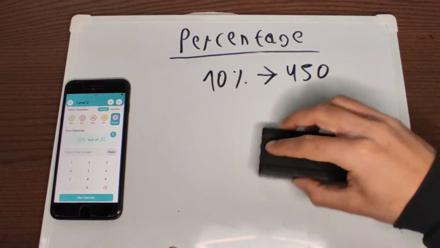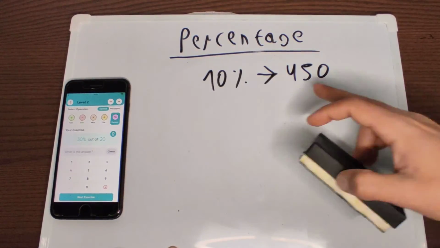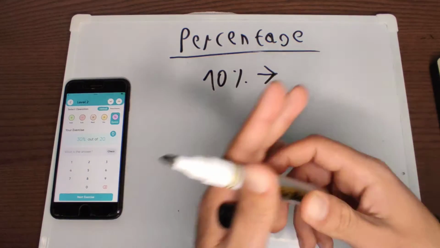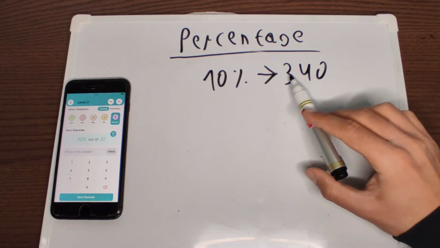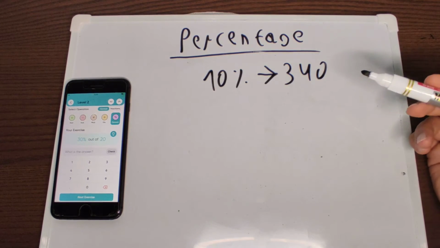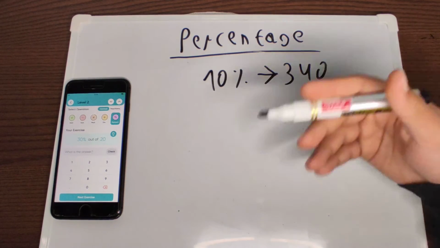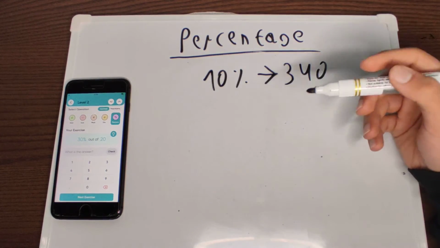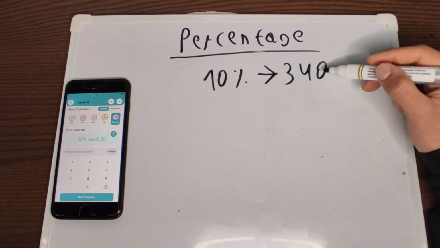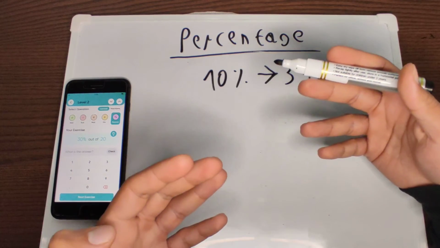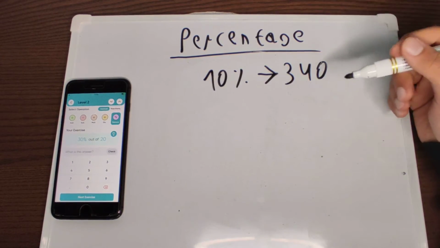So if we need to calculate 10% out of 340, the result will be this number divided by 10. And if we need to divide a number by 10, if the number ends with a zero digit, we can just delete the 0 digit, remove it, and we will get the result.